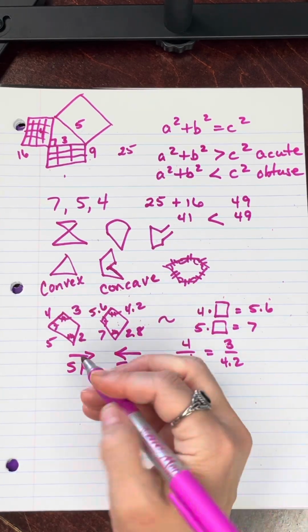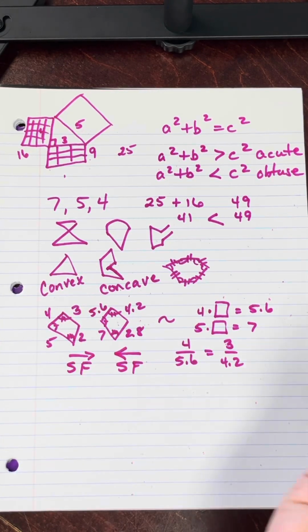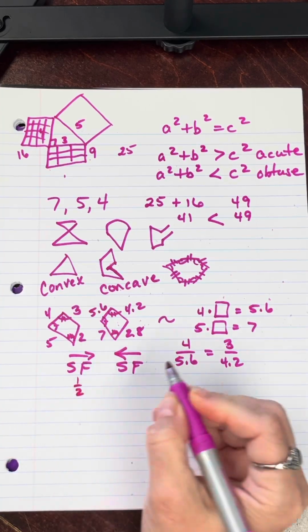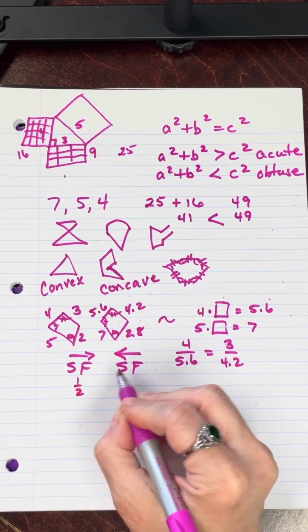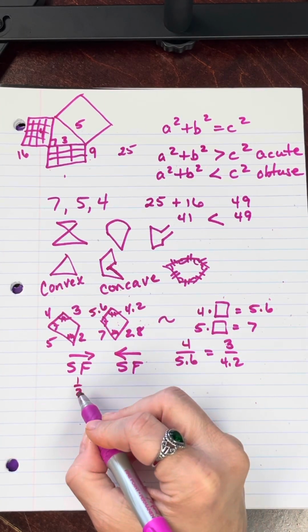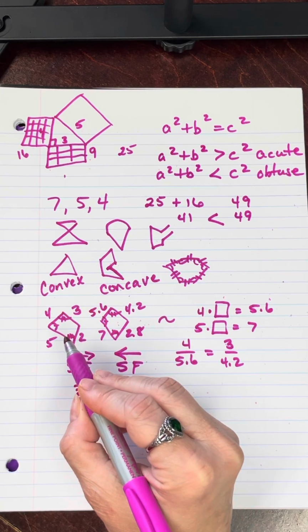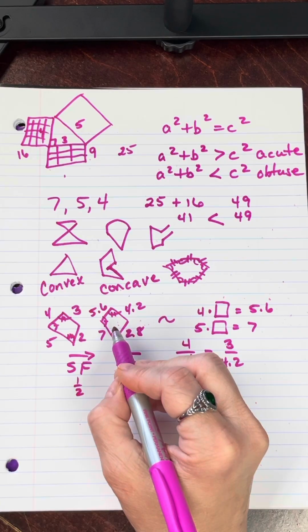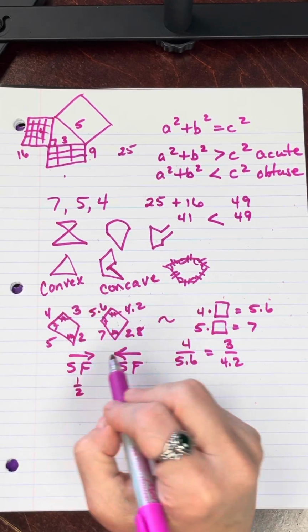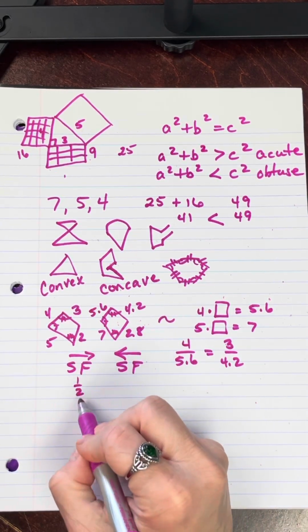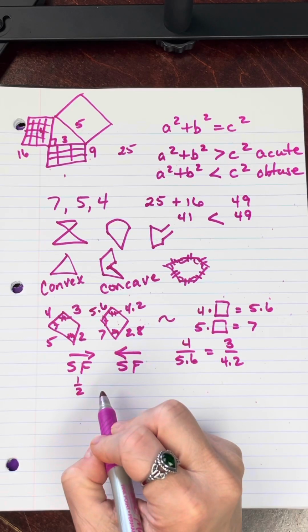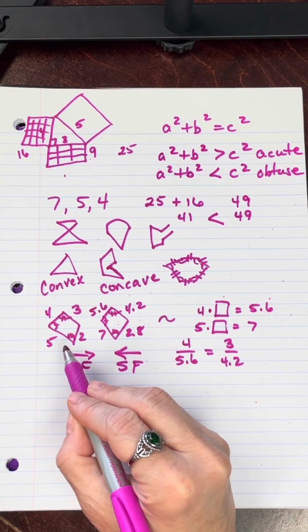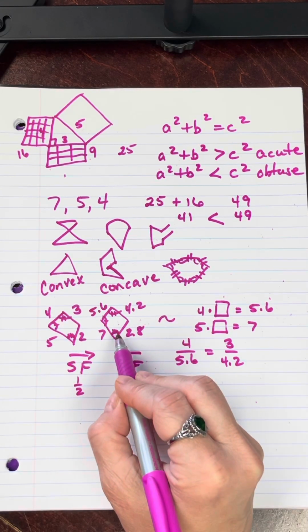So let's say this scale factor going this direction happened to be a half. With these numbers, it doesn't work, but okay. If I'm saying that this is a half, then this is actually a larger shape than this one.